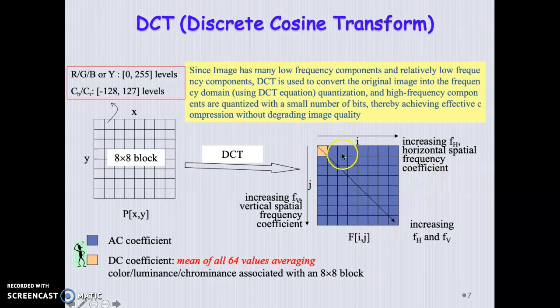The arrangement is that horizontally the spatial frequency increases, and as you go down, the frequency will become lower. This we consider as high frequency, which has more information.